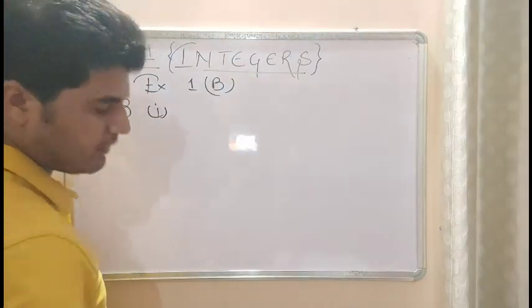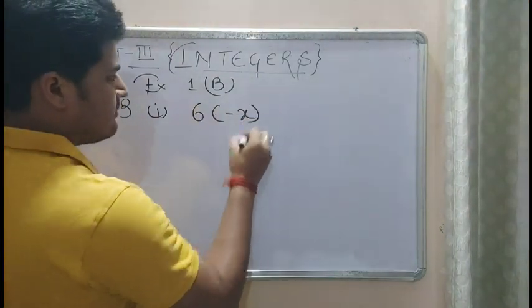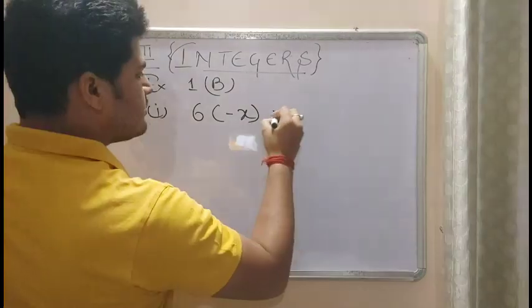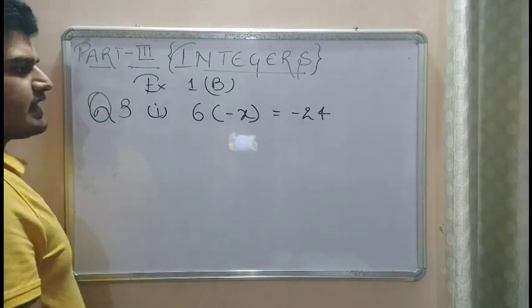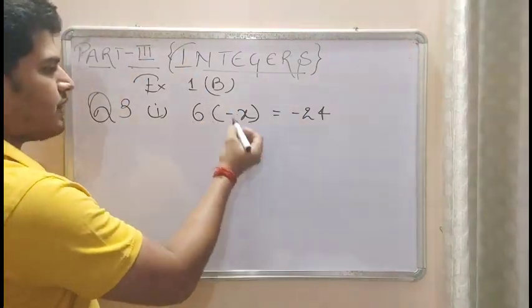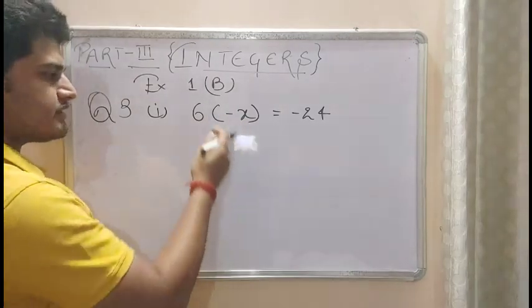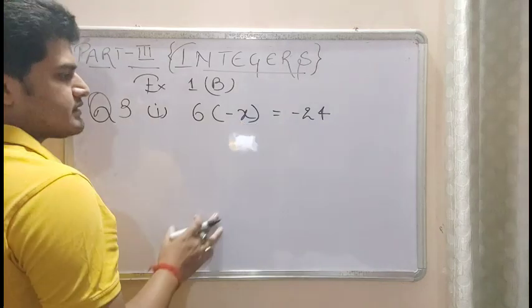If I take the first part, it is 6 into (minus x) in brackets is equal to minus 24. So what is that number which needs to be placed at the position of x? 6 multiplied by a negative number, so the answer is surely going to be negative.